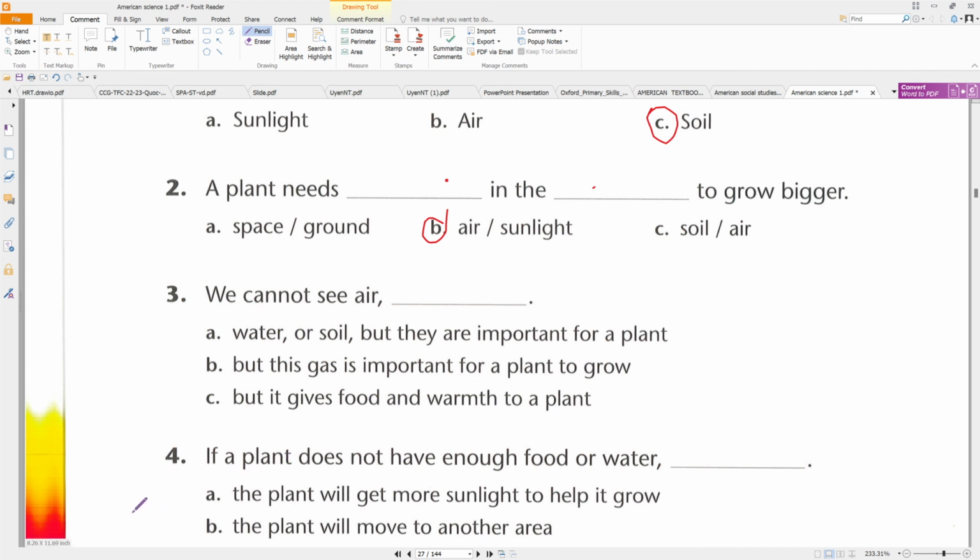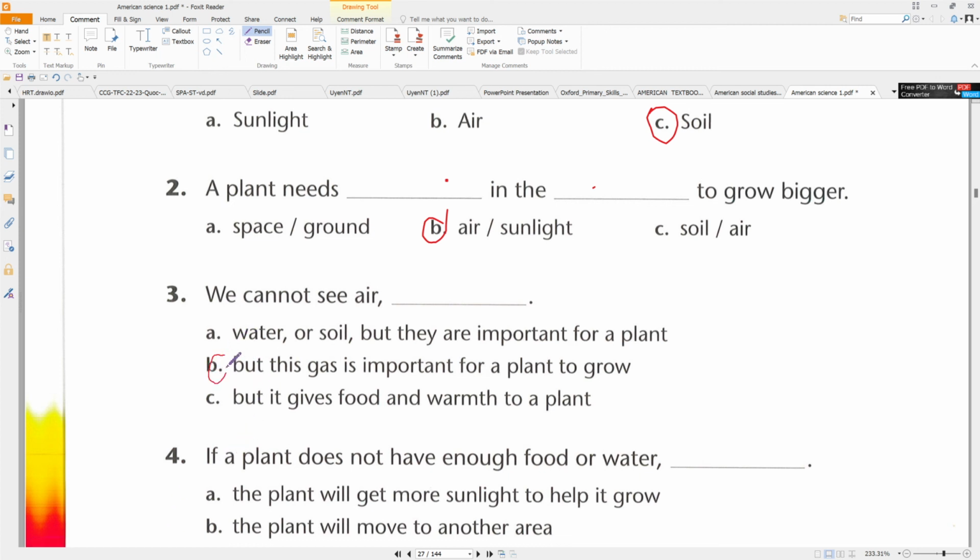We cannot see air, but this gas is important for a plant to grow. Water or soil gives food and warmth to a plant, and they are important for the plant.